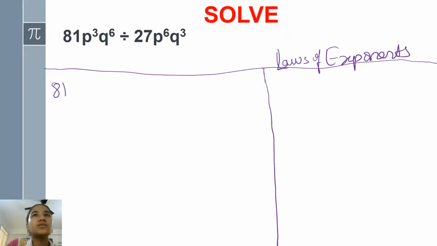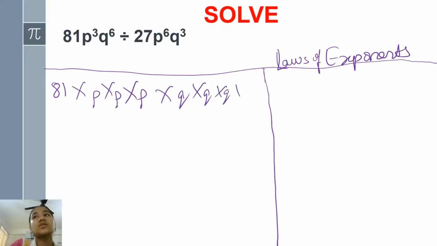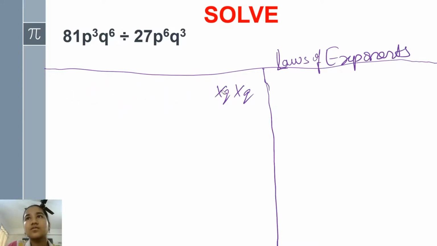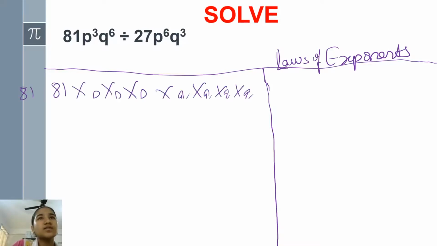So 81 into p, 3 times, and q, 1, 2, 3, 4, 5, 6, just try to understand it.